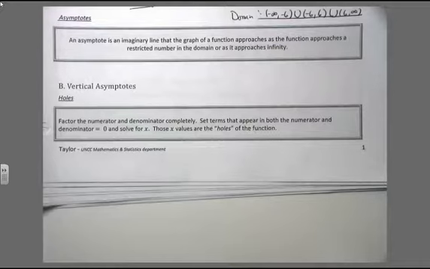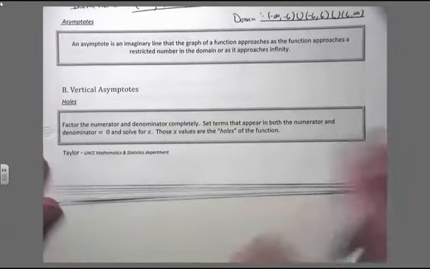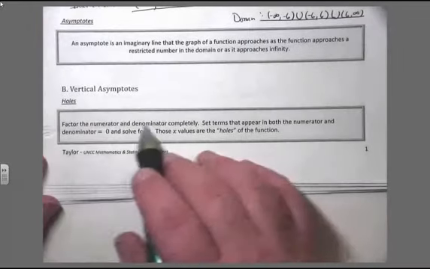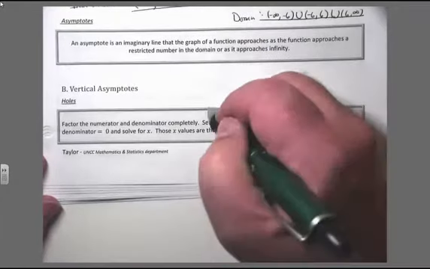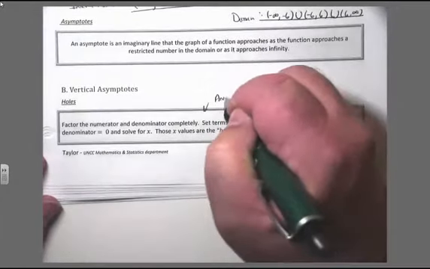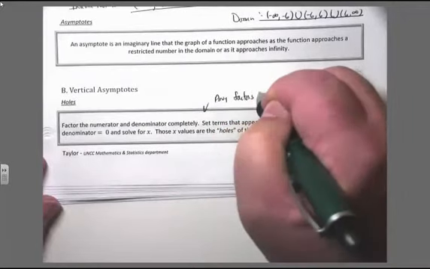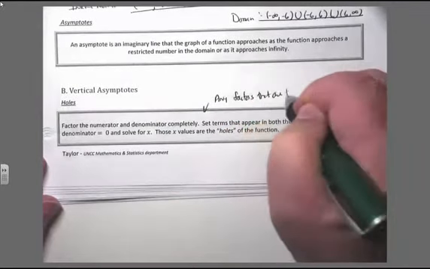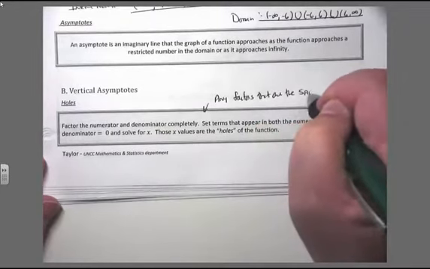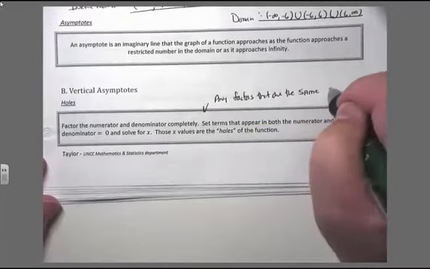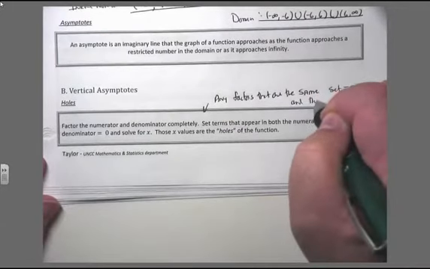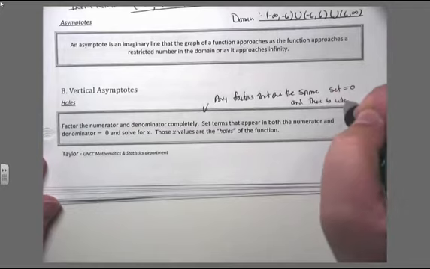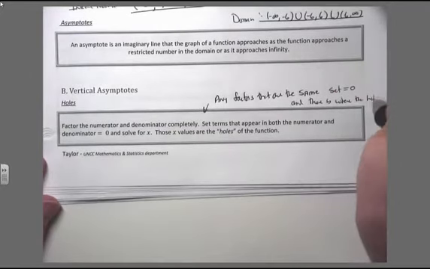Now, this is a badly worded way of explaining it, but what we're talking about here is you factor the numerator and denominator completely. And any factors that are the same, set equal to 0, and there is where the holes in the graph occur.